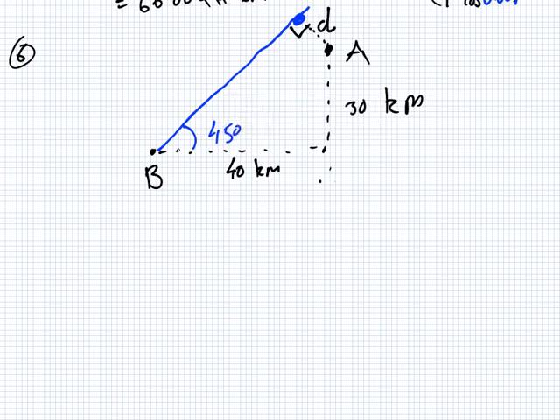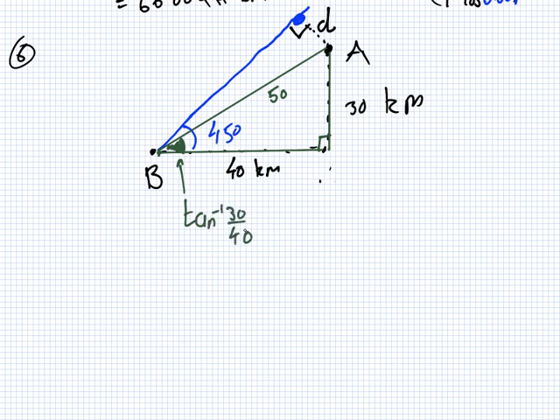Now, the easiest way to do that, I think, would be to make a triangle here. That's 40, and that's 30, and that's 90. So what's this? 50. And you can actually also know this smaller angle. The smaller angle is tan inverse 30 over 40.